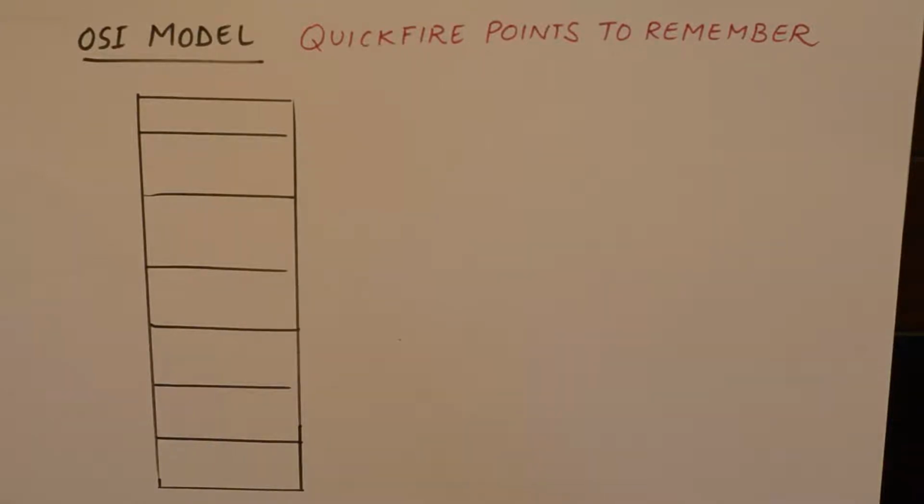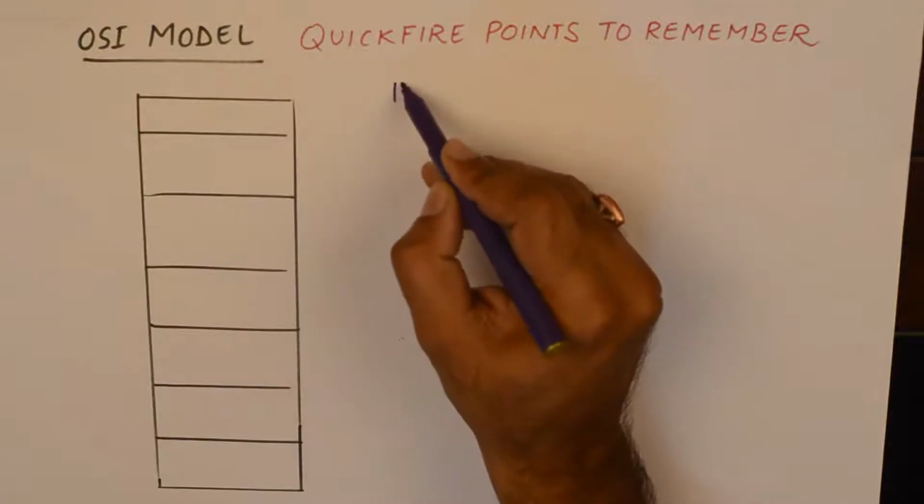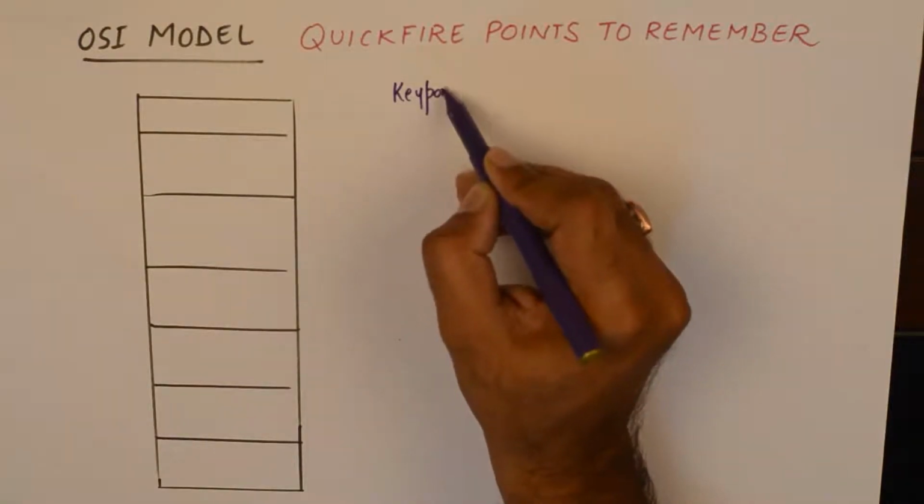OSI model has 7 different layers. How do you remember those layers? That becomes our key point 1.